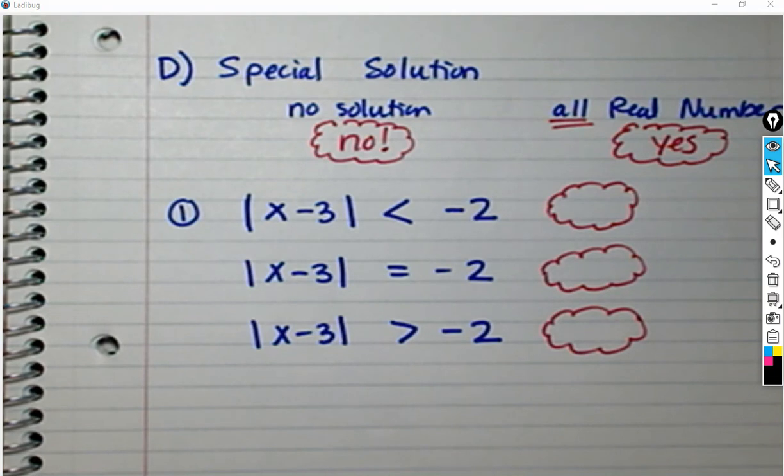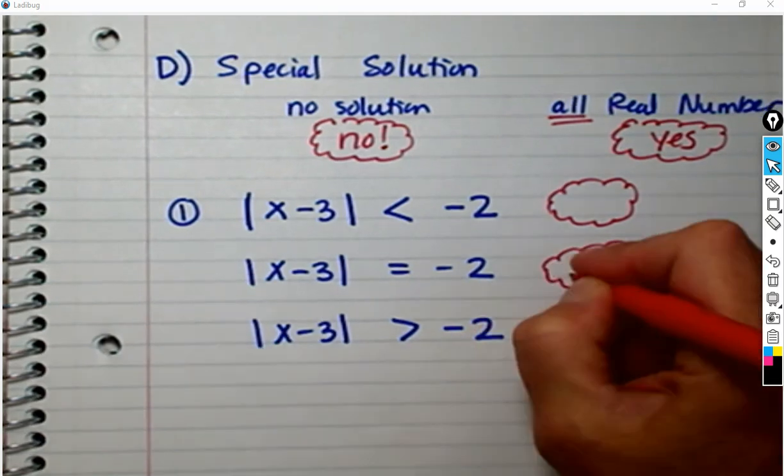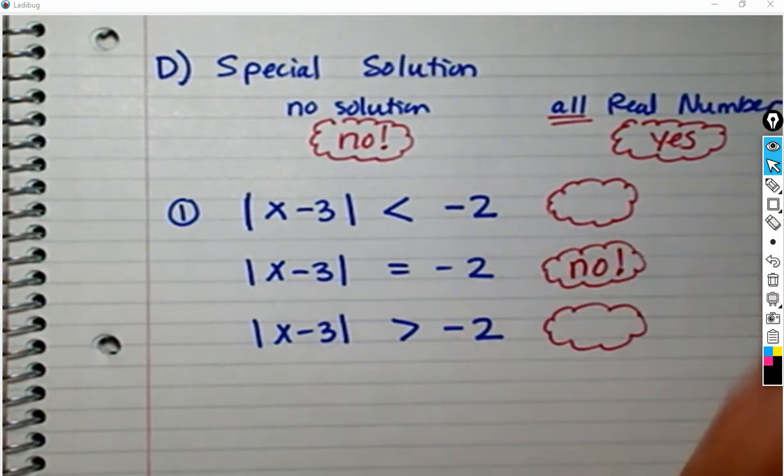Anybody want to be brave enough to give me a yes or no for any of those bubbles? Yes, Davin? Which bubble do you want to say no to? The middle one. Okay, love it. No. Right, because absolute value cannot have a negative outcome.